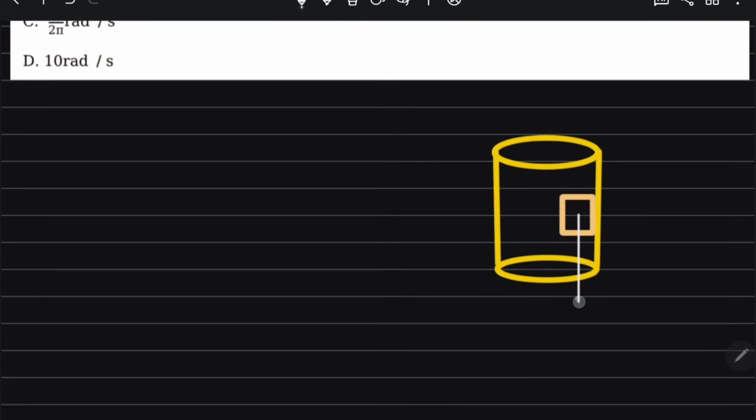So here you see mg force acting downwards, normal reaction acting towards it, the friction force acting here, and m omega square r force acting here. So normal reaction is equal to m omega square r.